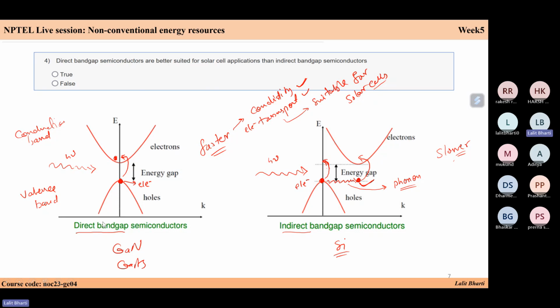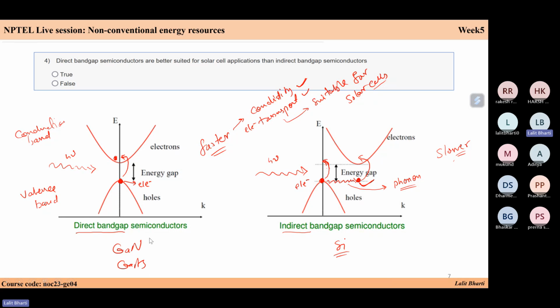So direct band gaps are more suitable, but the question lies in real life: in most cases silicon is used. Although the indirect band gap is less suitable than the direct, the price of silicon is very favorable in comparison with gallium nitride and gallium arsenide.